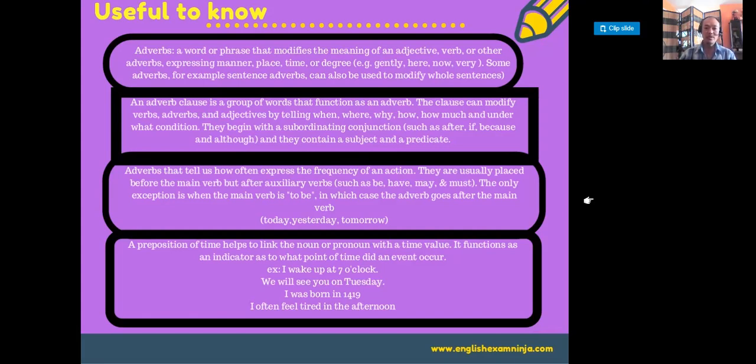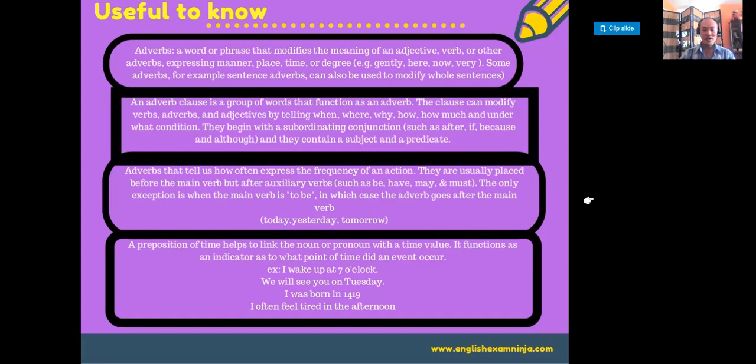They begin with a subordinating conjunction such as after, if, because, and although, and they contain a subject and a predicate. So we call it a clause. A clause is not totally a sentence, but it's a group of words that has a subject and a predicate. They have different functions, and in this case, they function as an adverb.